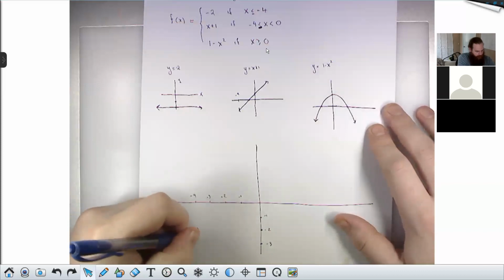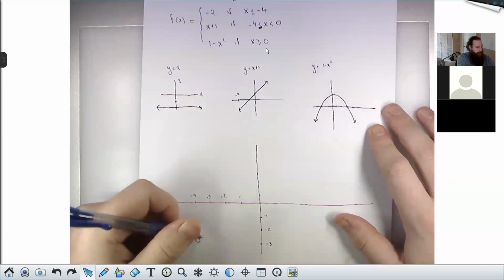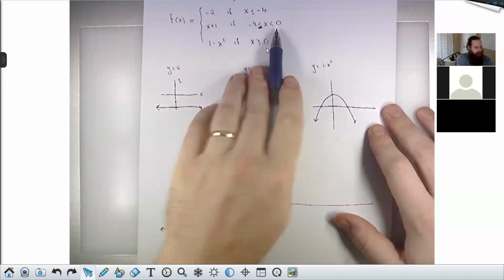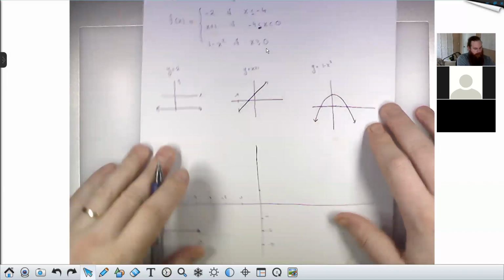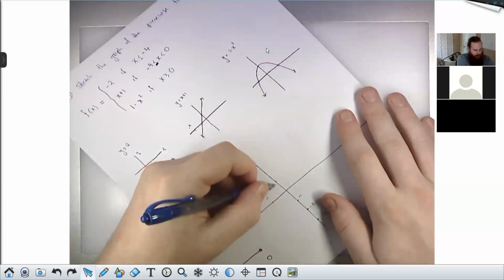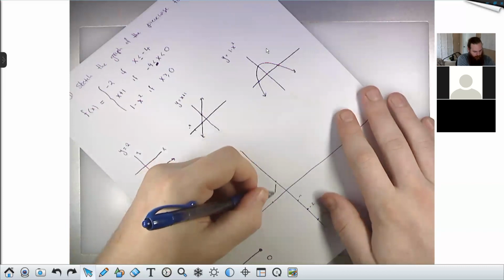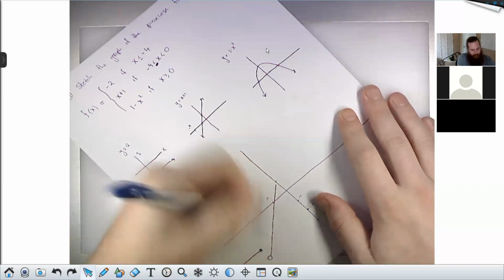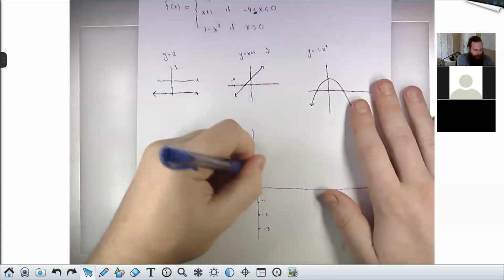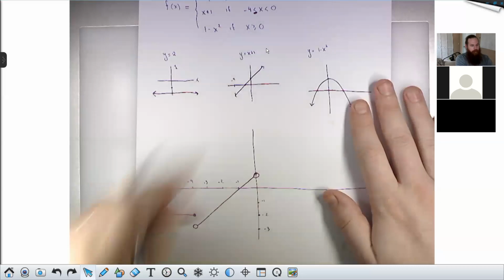So we'll start down here. And when x is getting close to 0, this guy is getting close to 1. So I'll put this mark up here, and that's what I'm shooting for. And then this piece looks like that.